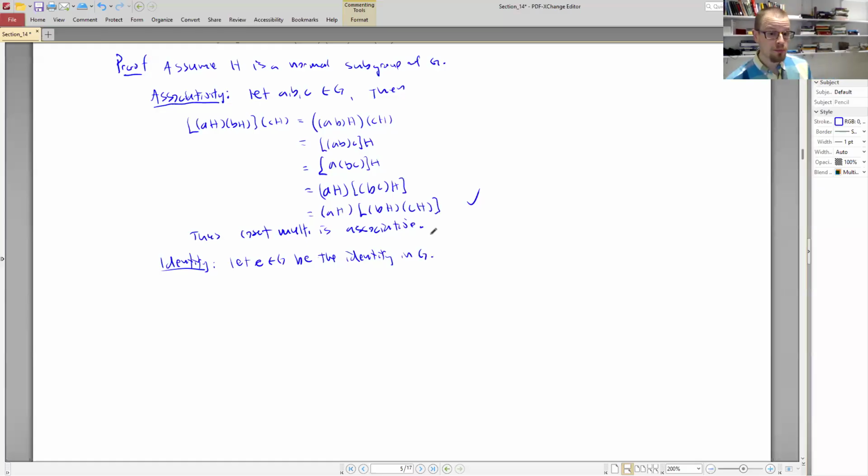So G is a group, therefore it has an identity E. One thing we can do is notice that E must be in H because H is a subgroup.